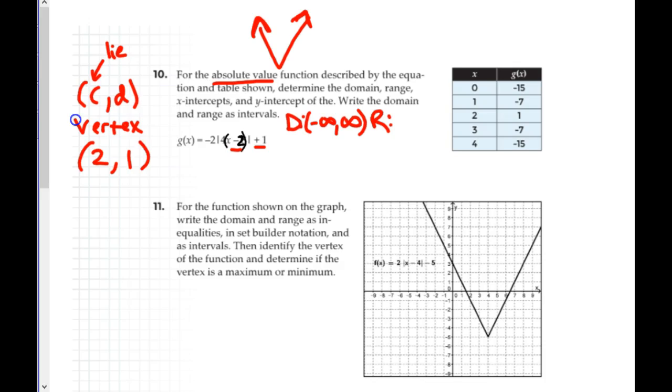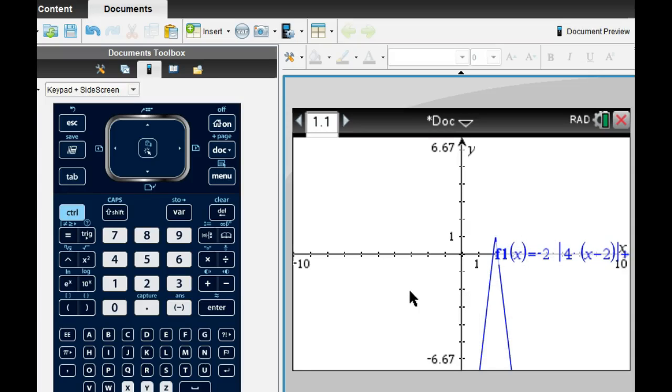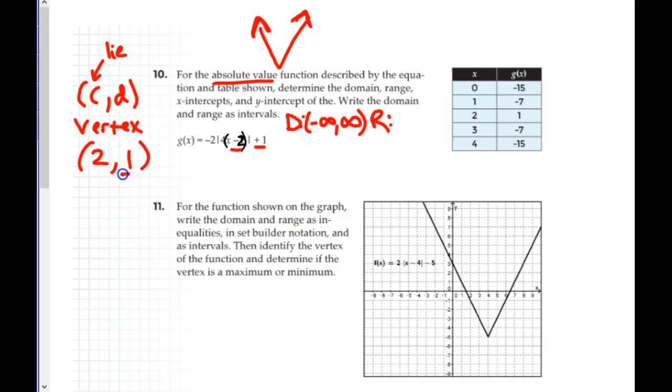So when you're looking at this, it starts down at negative infinity, comes all the way up to this y value, which is 1. So negative infinity up to 1 with a bracket, because it touches at 1. This is the highest point it gets to. It's the max and the vertex.